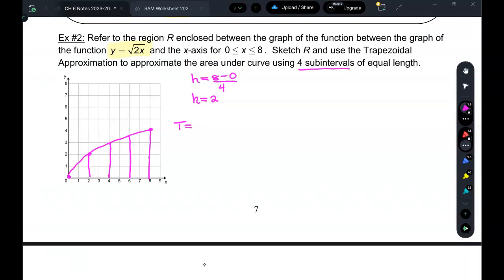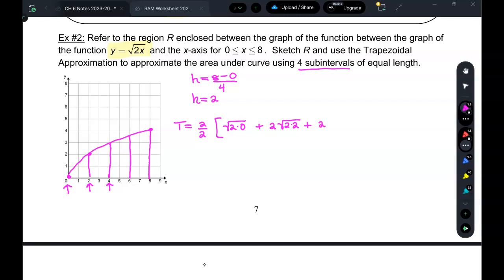Okay, so h over 2. So that's just going to be 2 over 2. Okay, the first one, so plug in 0. So that's just going to be 0. I'm just going to write it out so you can see where I'm getting the numbers from. But then this one will be used twice. So it'll be 2 times square root of 2 times 2, plus, now we're going to plug in 4.